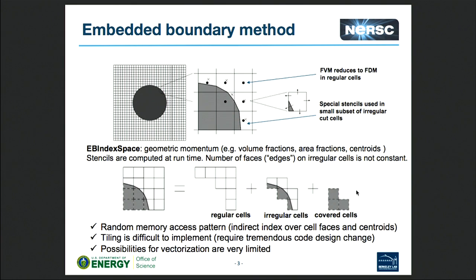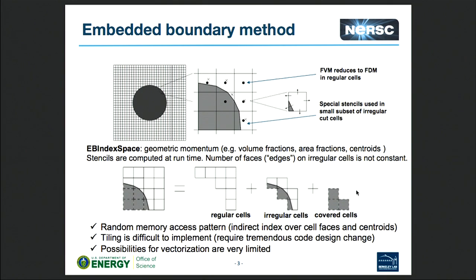Irregular cells also, as you see on this little plot, can have a different number of faces. This makes the embedded boundary approach different from unstructured mesh approaches. It's not a Cartesian approach like regular finite difference or finite volume, and it's not an unstructured mesh.